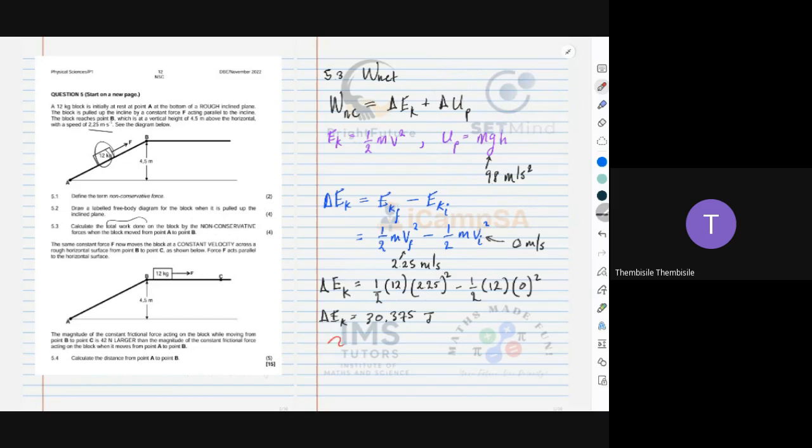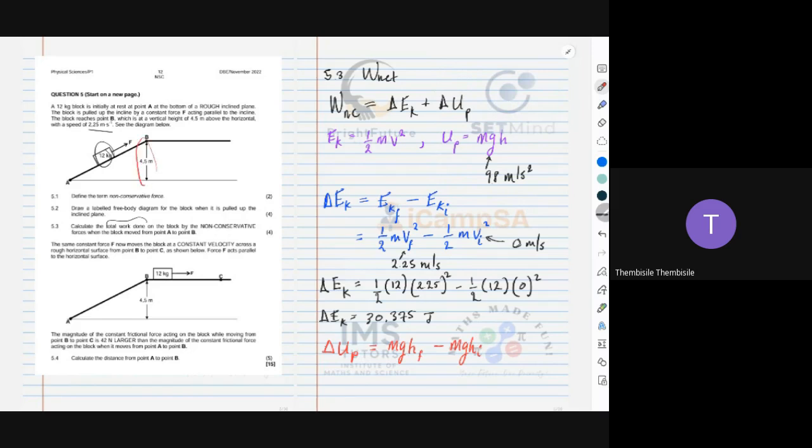So our change in potential energy is equal to m g h final minus m g h initial, right?